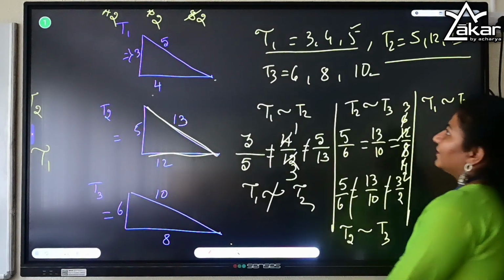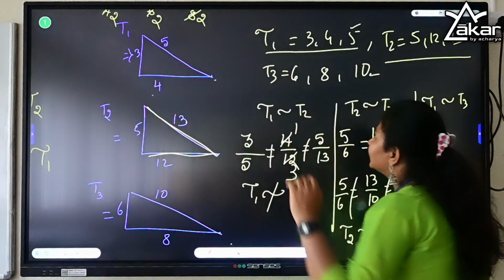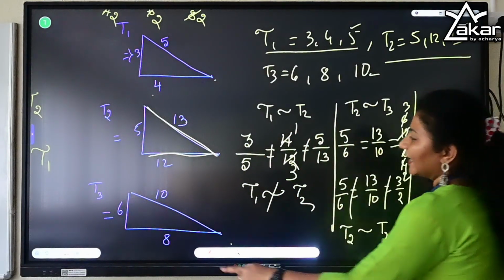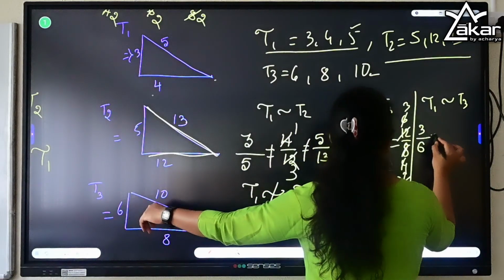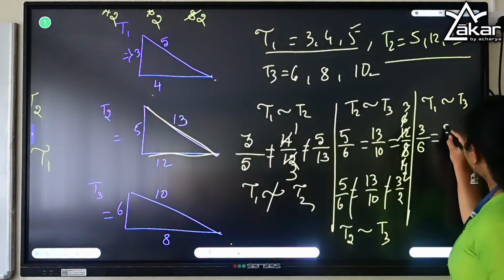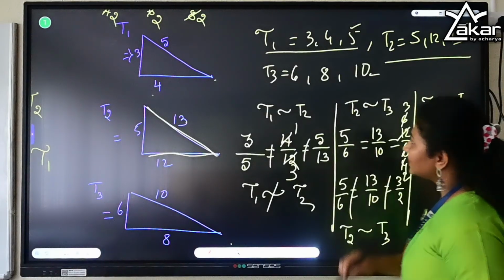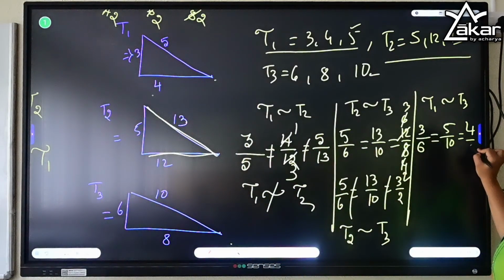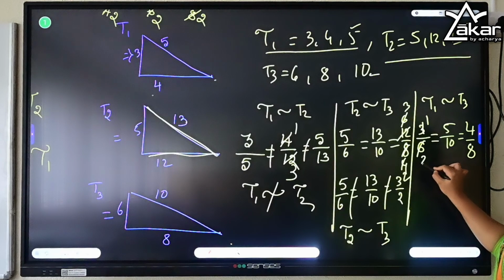Now let us check triangle 1 and triangle 3. 3 by 6 equals 5 by 10, which equals 4 by 8. All the terms should give a similar value. Let us check. 3 1s are 3, 3 2s are 6.